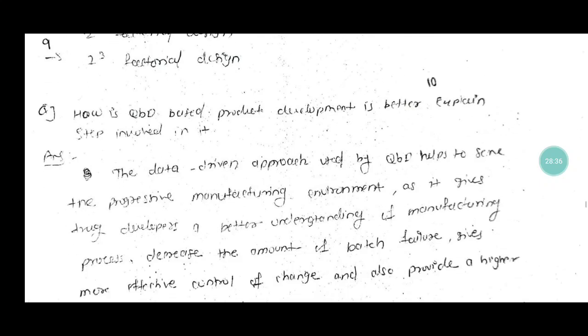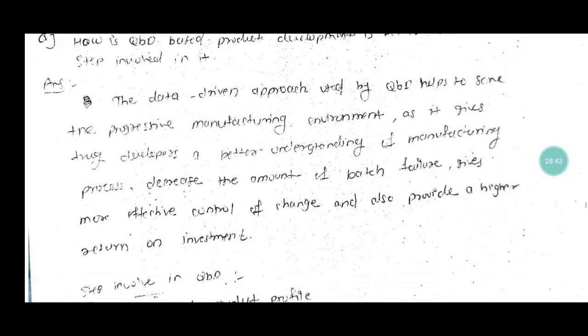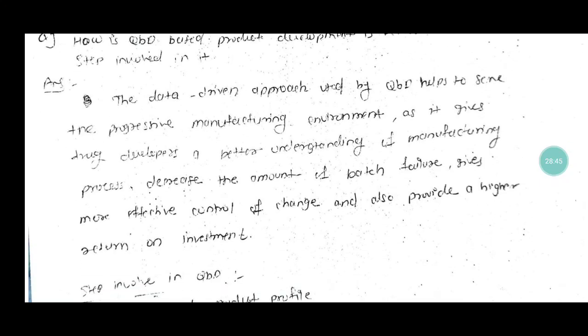How a QBD-based development proceeds is better explained in the steps involved in it. The data-driven approach used for QBD helps in progressive manufacturing as well as the environment. It gives the drug developer a better understanding of manufacturing processes.